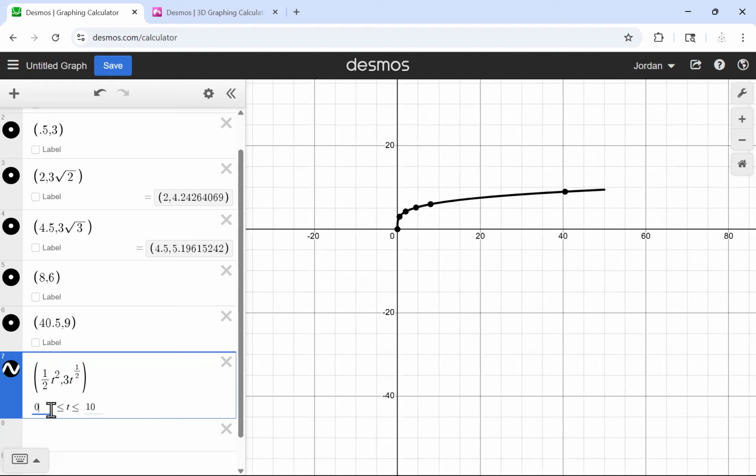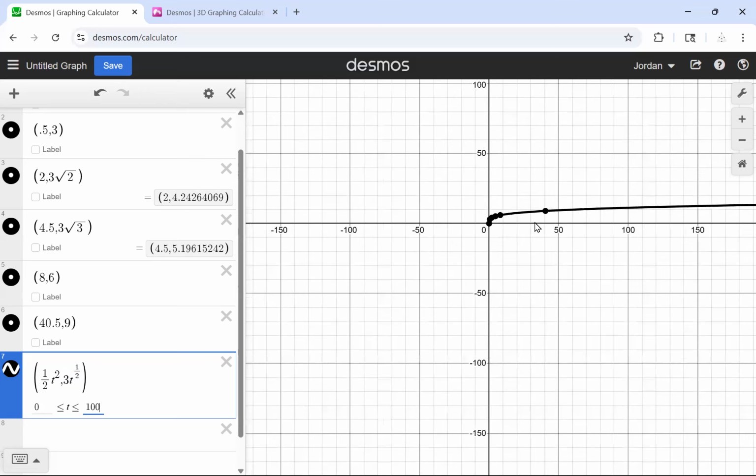Right now, t in my graph goes from 0 to 10, and so you can see how far out it goes. If I went to 100 with my t value, then you'd see it goes even further.